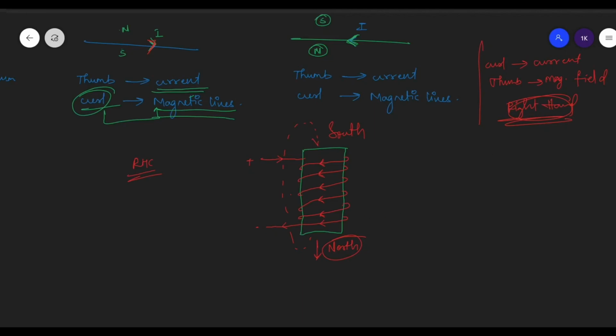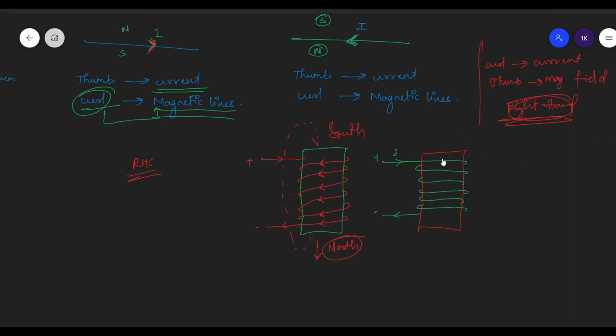like assume this is another core, and now the winding is in this way. Now the current is entering from here. This is positive terminal and this is negative terminal.